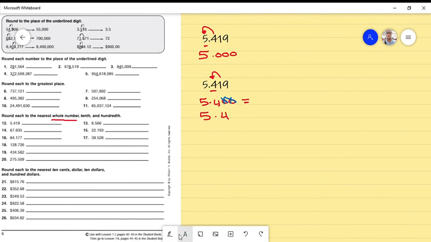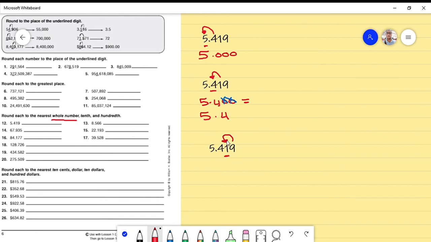Let's write the third. Here is the same number, 5.419, but this time we need to round to the nearest hundredth. So what is the hundredths digit here? It is 1. The number just to the right of 1 is 9. So 9 will round up or down?